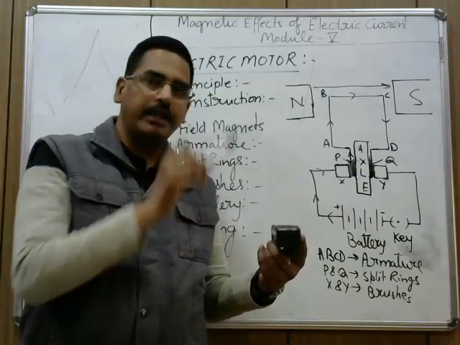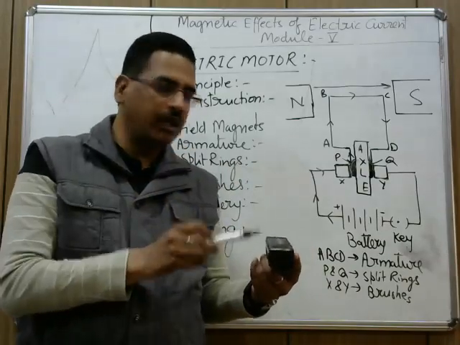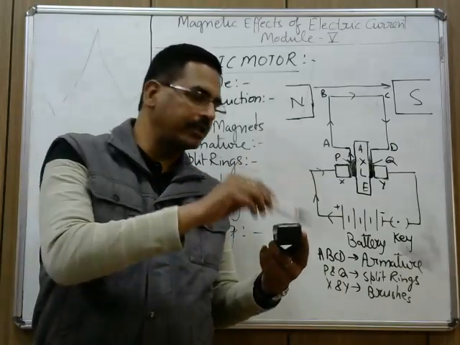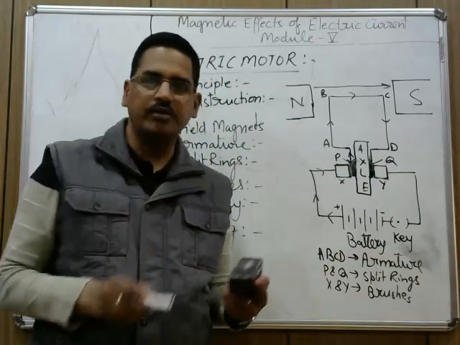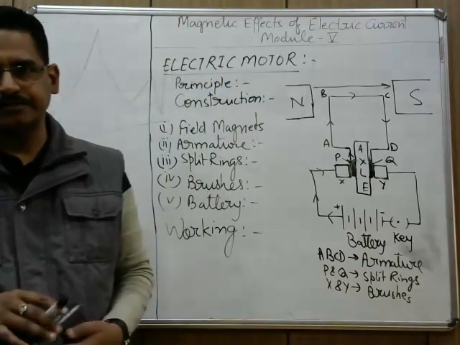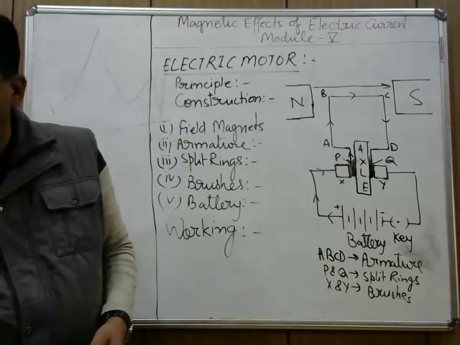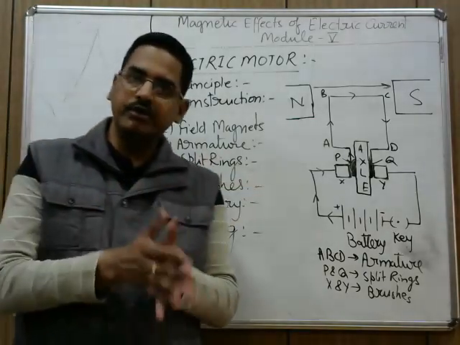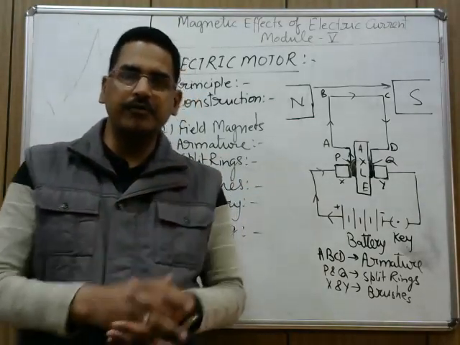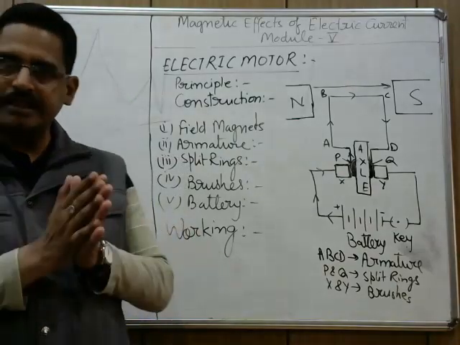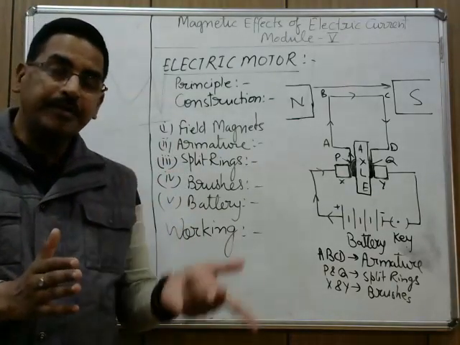Now, on this side, what will be the force? This we need to understand. As I told you, the magnitude of force will be given by F equals BIL sin theta. What will be the direction?